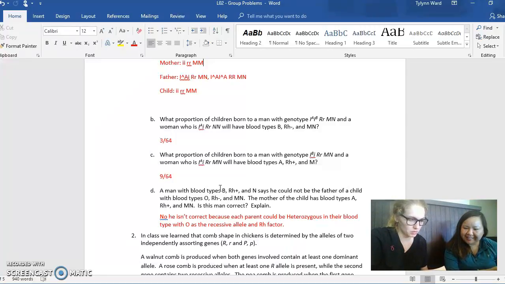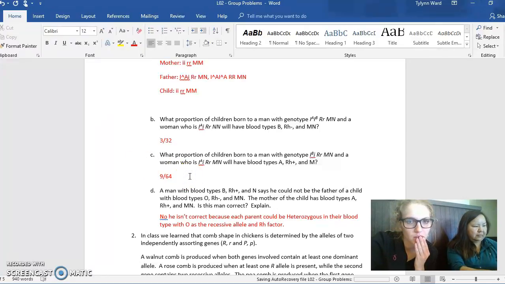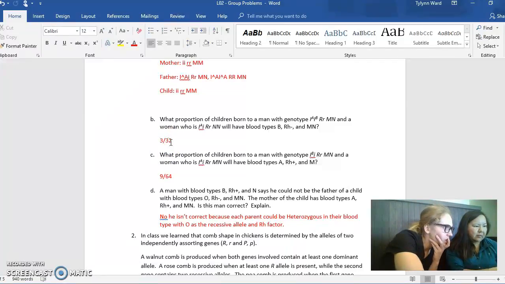And the possibility of it being M would be 1/2. Yeah. Okay, cool. And so then you just multiply those across, 16, 32, and so it would be 3/32. So I doubled the bottom. Awesome. Oh, it's asking RH positive.